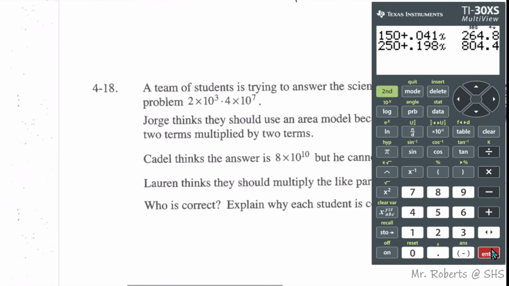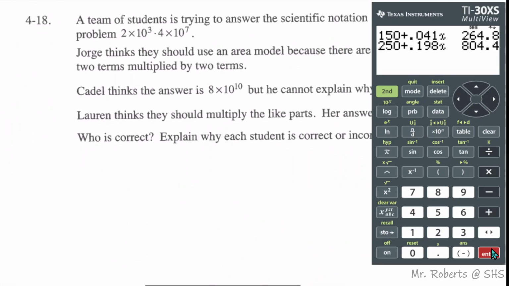Let's move on. Next question, number 18. It says a team of students is trying to answer the scientific notation problem, a number times another number. George thinks they should use an area model because there are two terms multiplied by two terms.